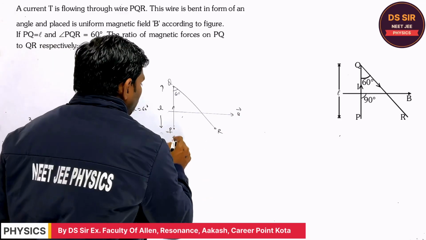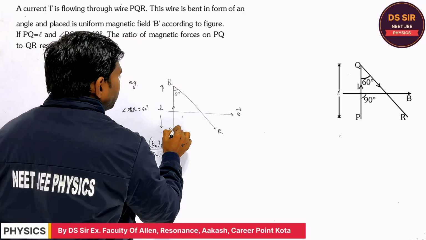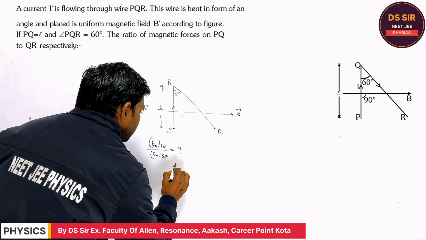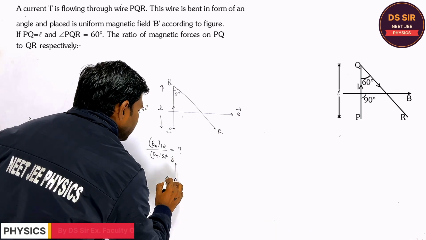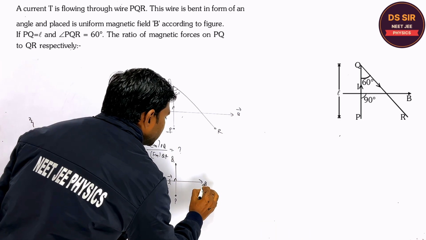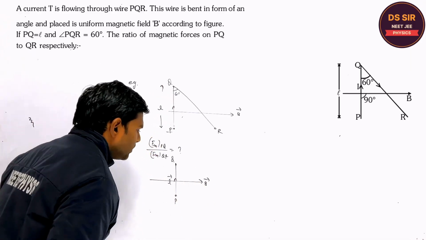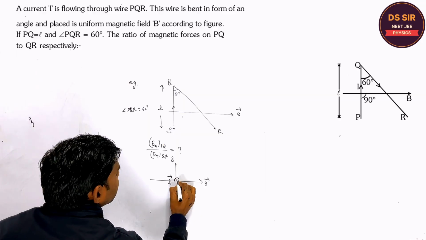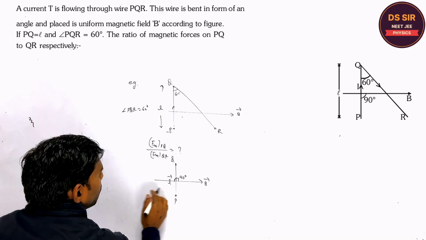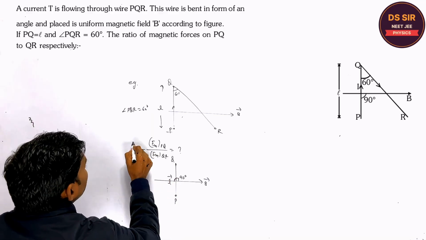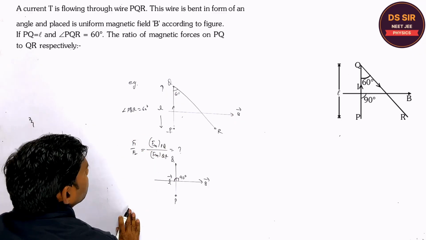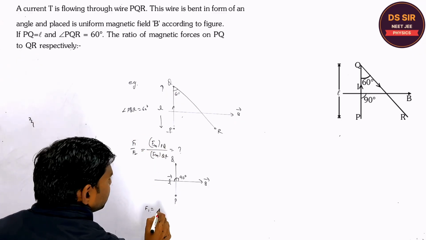Yes. So if you consider the wire PQ only, suppose this is P, this is Q, the length is in this direction, the magnetic field is in this direction. Is it clear or not, you tell? So what is the angle between the length and the B vector here? Say 90 degree. So if I assume the magnitudes to be F1 and F2, what is the F1?